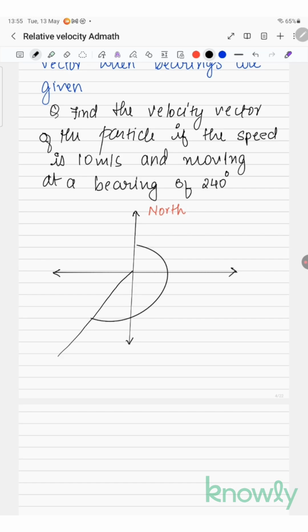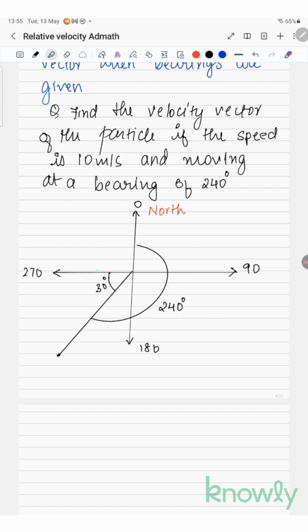So let's say this is the 240 degree bearing, and this is 240, right? So 180, and how much is this then? Can I say this will be 30 degrees? How? Because this is 0, 90 if I am measuring from the north pole, this is 180 and this is 270. So the remaining portion is 30 degrees.